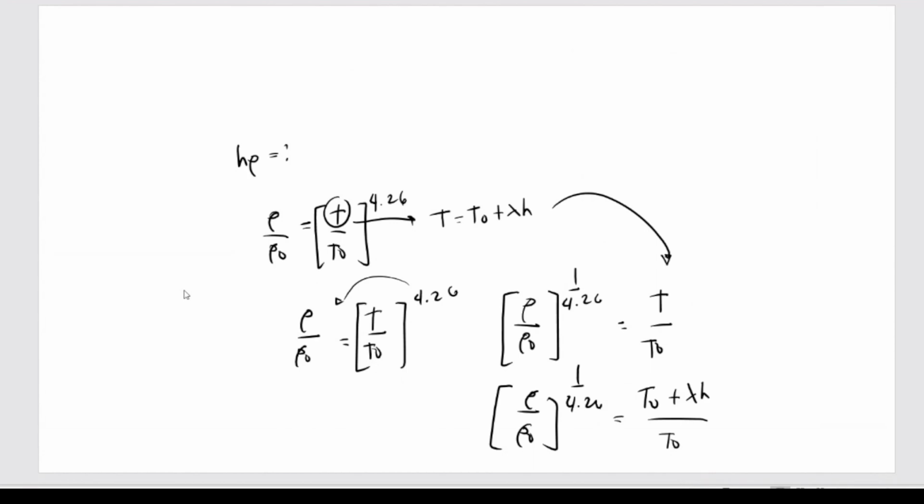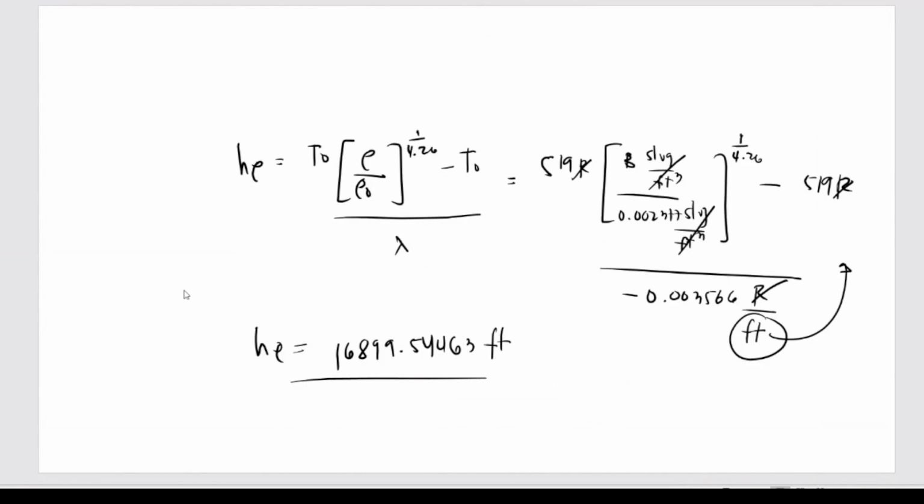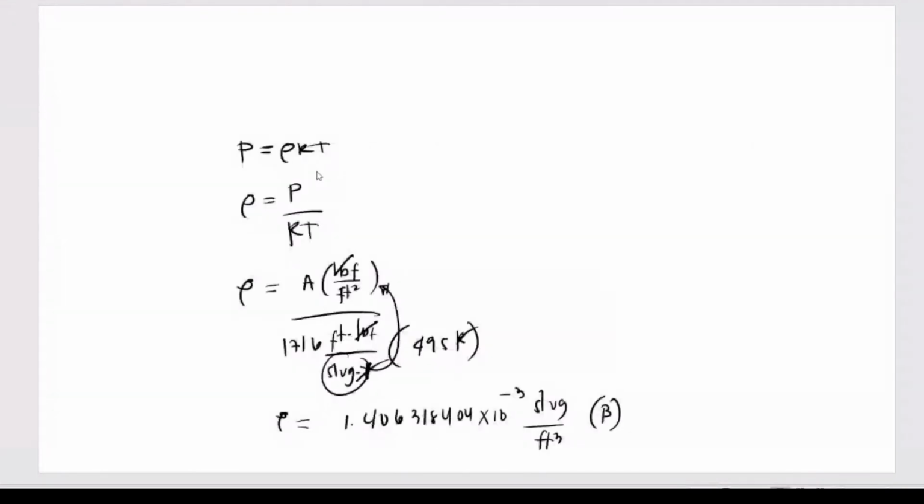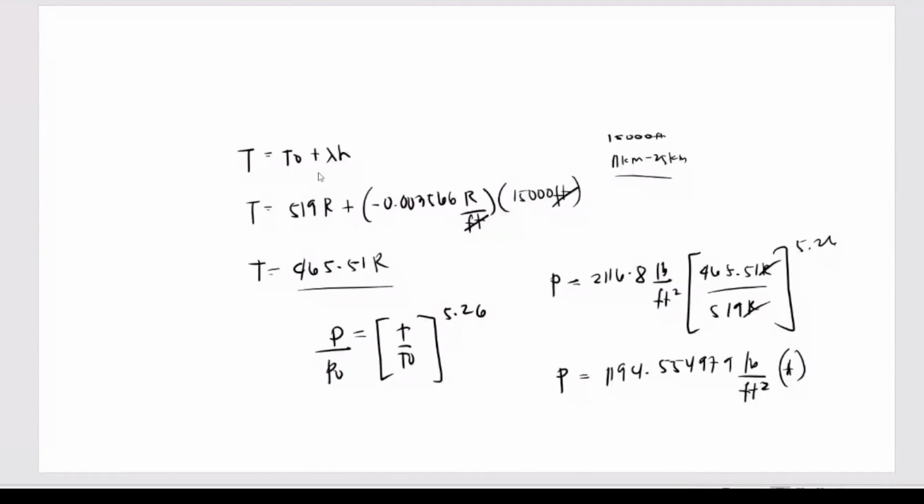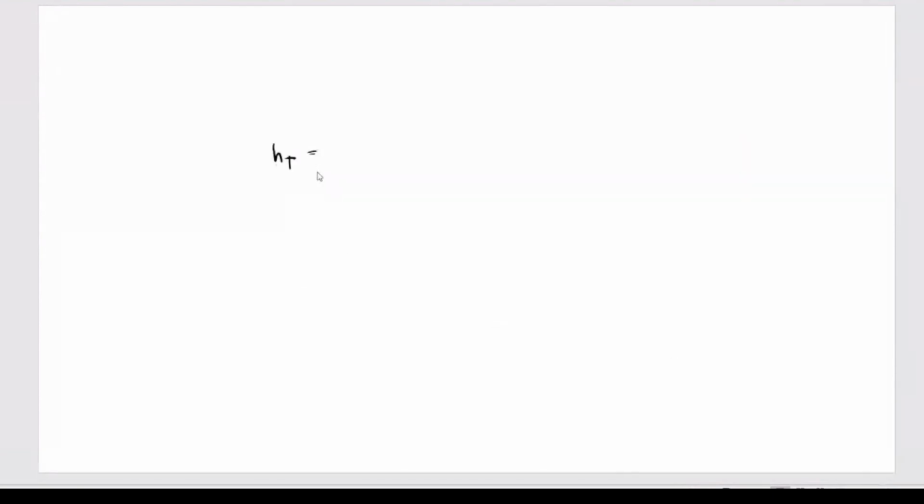Sinasabi pag merong magkakaibang reading, ibig sabihin non-standard atmosphere yung nare-read or non-standard yung kino-compute natin. Non-standard atmosphere. So, para sa temperature altitude, that is H sub T, meron kang 495 Rankine na given.